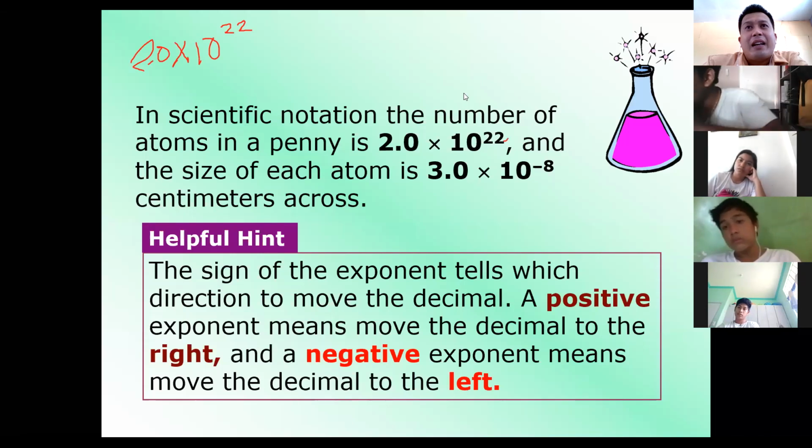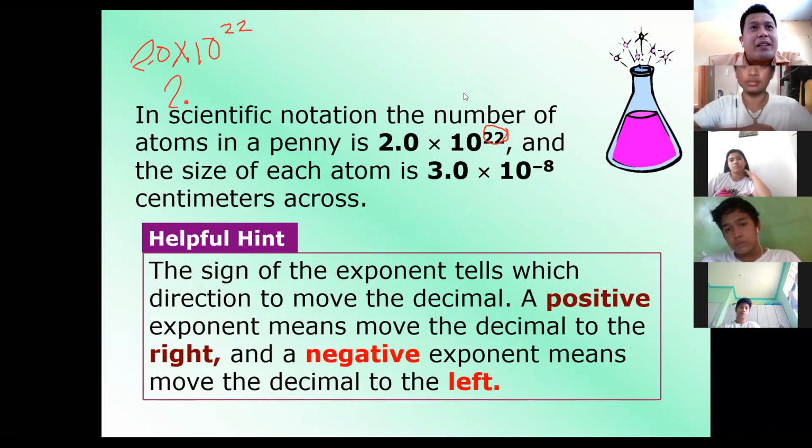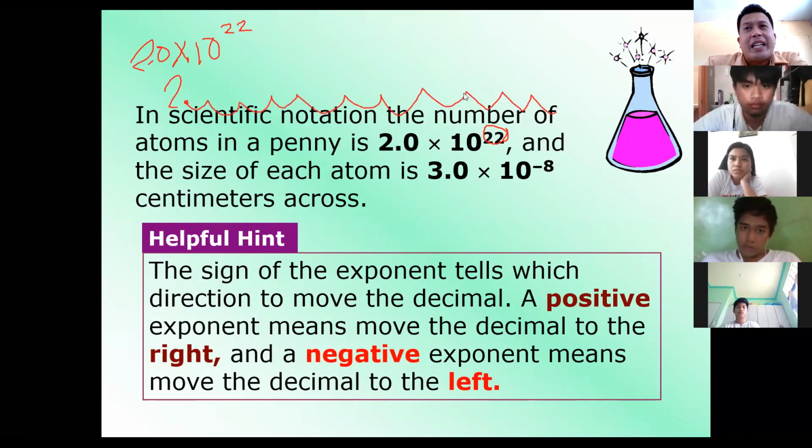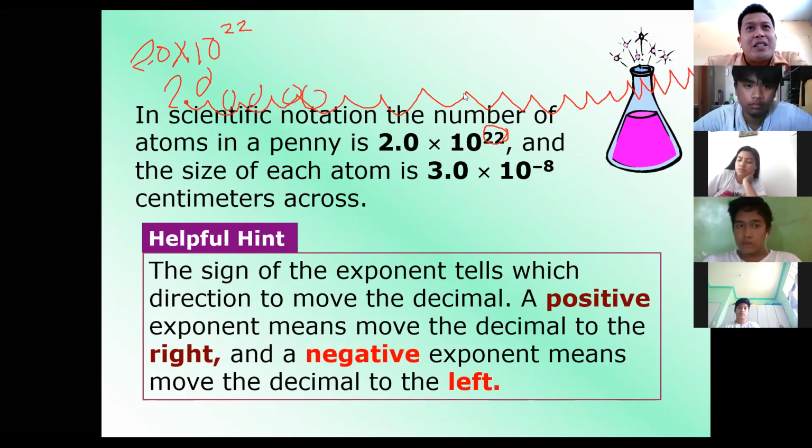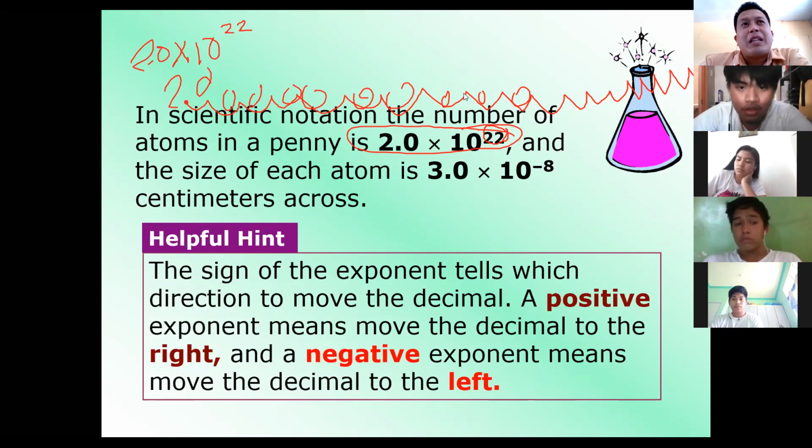And since the exponent is positive, let's move the decimal point from here to the right. 1, 2, 3, 4, 5, 6, 7, 8, 9, 10, 11, 12, 13, 14, 15, 16, 17, 18, 19, 20, 21, 22. And then write the number of zeros there. Zeros, zeros, zeros, and so on and so forth. So that is how you're going to convert this scientific notation to decimal notation. This is a decimal notation, the previous example.